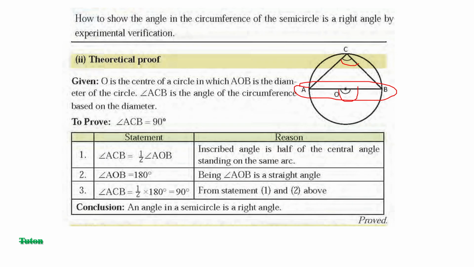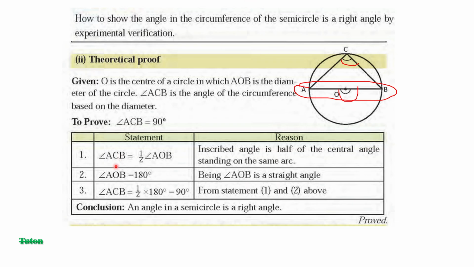So we can write as statement 1: angle ACB is equal to 1 by 2 of angle AOB, which is the mathematical indication of the reason that the inscribed angle is half of the central angle. We have derived this in our previous slides as well as in theorem 1.